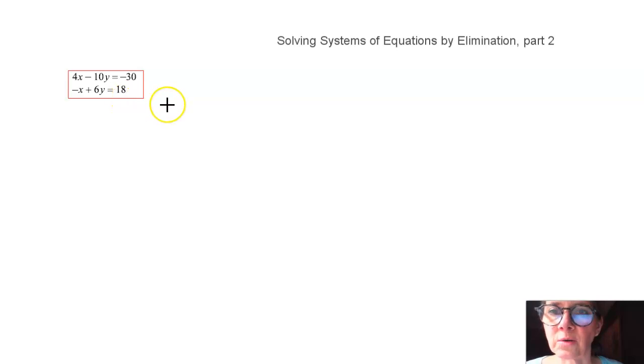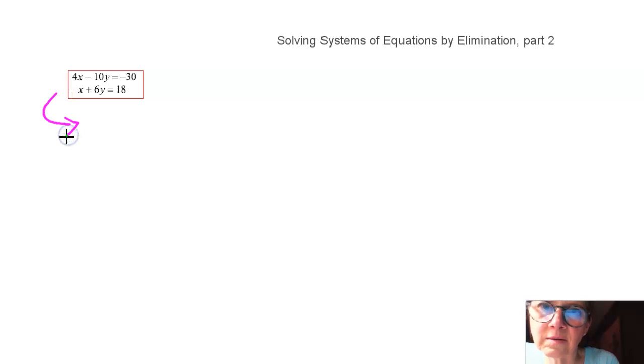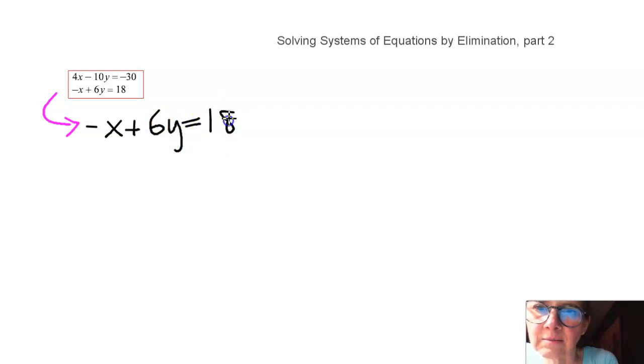So what I'm going to do is write this equation separately so that we know what we're going to do to it. Let's just move it down here. So we have negative x plus 6y equals 18.